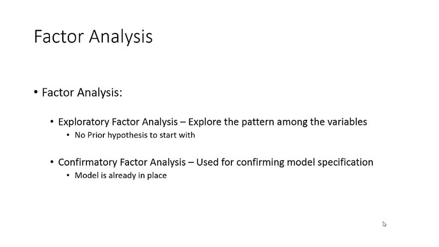How do we know that both can be used? Well, in exploratory factor analysis, in short we call it EFA, using EFA we can get to know the pattern. We may have some idea about the data, but we may find out some more information or some more patterns which we didn't know from the literature or from our existing knowledge.